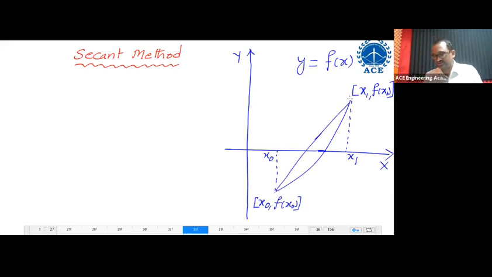This is x0, this is x1. This secant line, where it touches the x-axis, will be your first approximation. It is touching the x-axis at this point. So this is your first approximation.